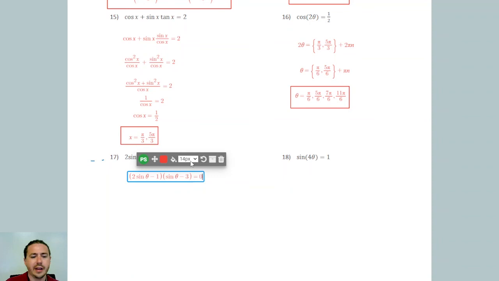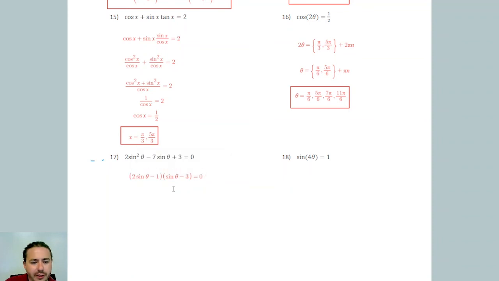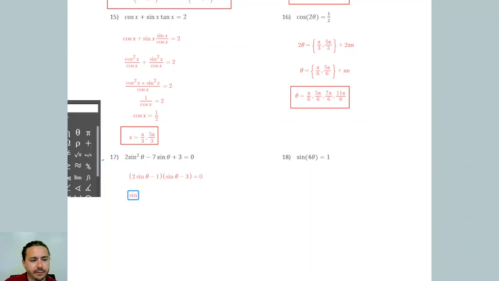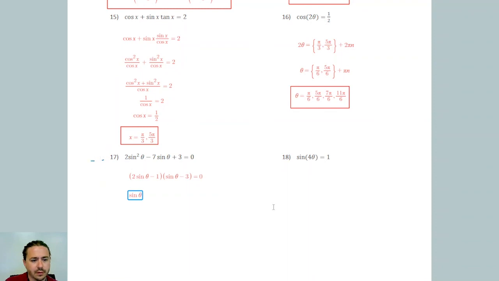Okay, now once I've got my 2 factors, let me just double check, yeah, all looks good. Then we're going to set each one equal to 0 and solve them individually. So I got sine of theta equals 1/2. And I have sine of theta equals 3. That should throw up a red flag.